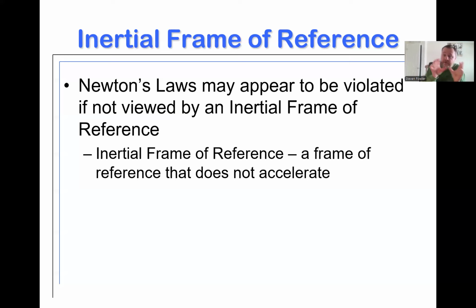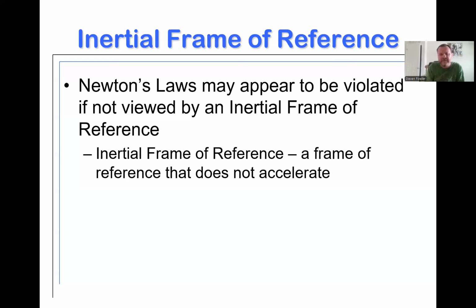If whatever you're dealing with is either moving at a constant speed relative to the Earth, or it's at rest relative to the Earth, that's what we call an inertial frame of reference. So all that to say, Newton's laws, all of them, might appear to be violated if I'm observing something occurring in a non-inertial frame of reference.